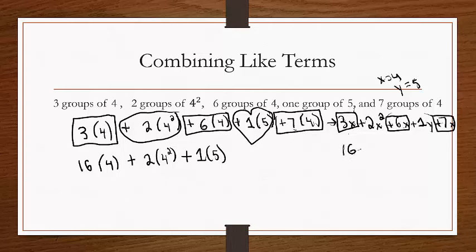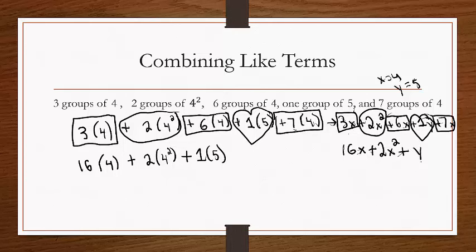Instead of writing 4, I'm going to write x. And we just had a 2x squared. And we had just 1y, or 1, 5.